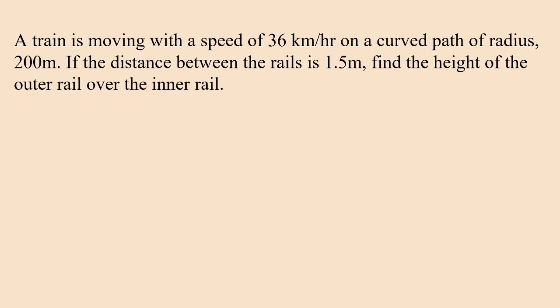Now the fifth one. A train is moving with a speed of 36 km per hour on a curved path of radius 200 meter. If the distance between the rails is 1.5 meter, find the height of the outer rail over the inner rail. So you can read once more.